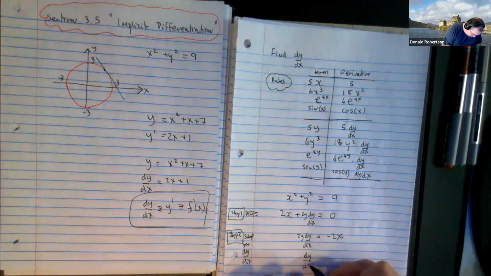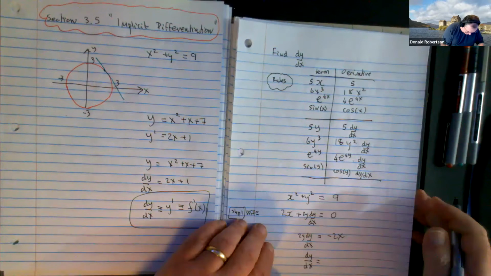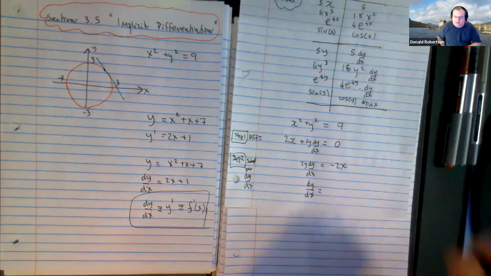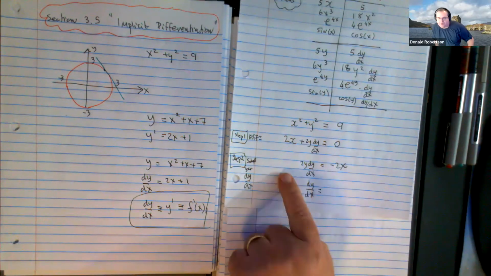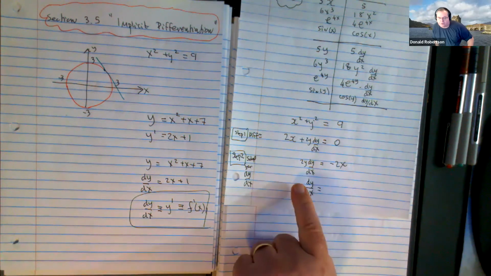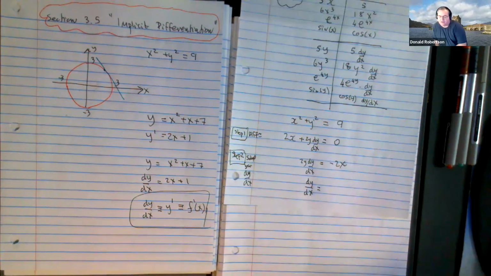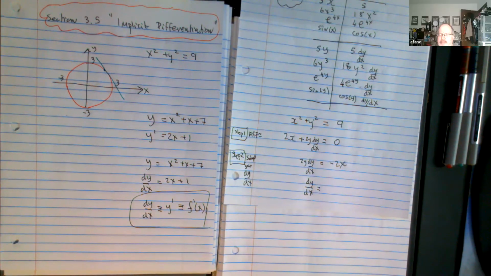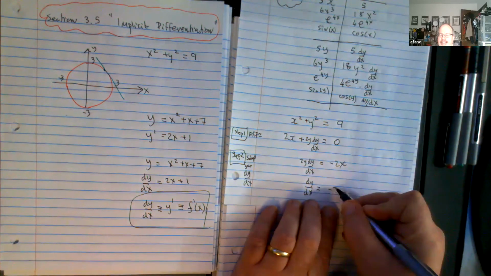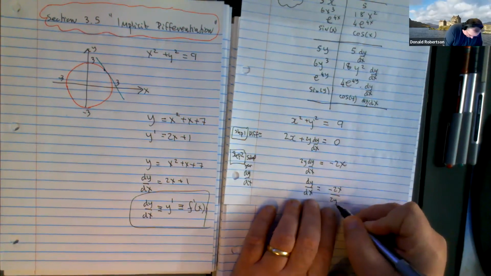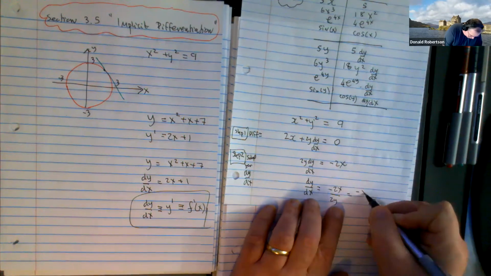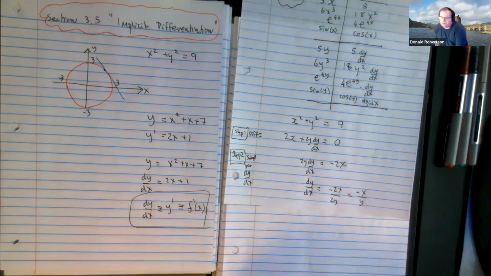What should I do next to get dy by dx on its own? Right, so I've got this line. What would I need to do to both sides to get this? Divide by 2y. Agreed. And sometimes, and this is one of those steps, would you agree you can simplify it?